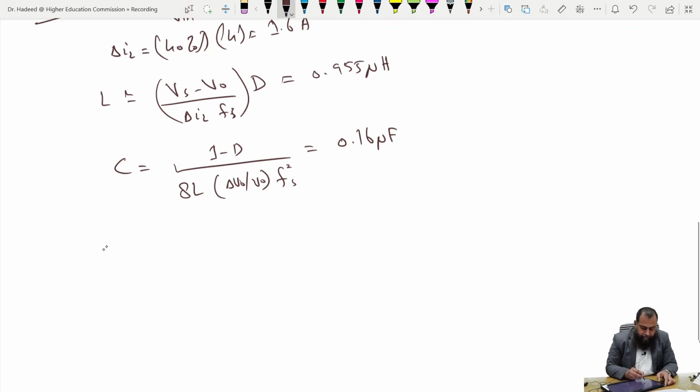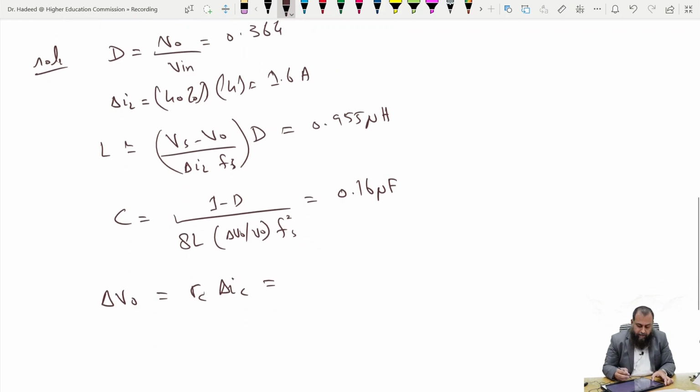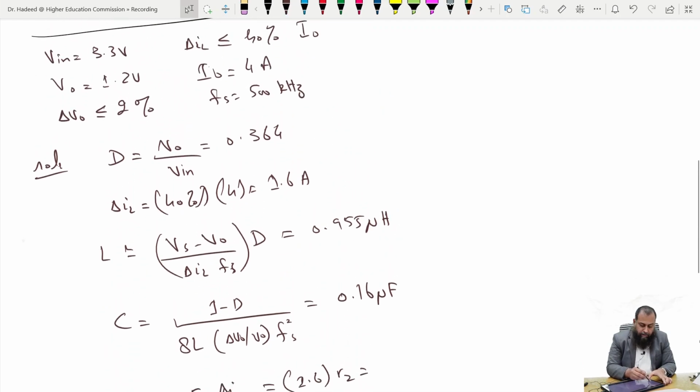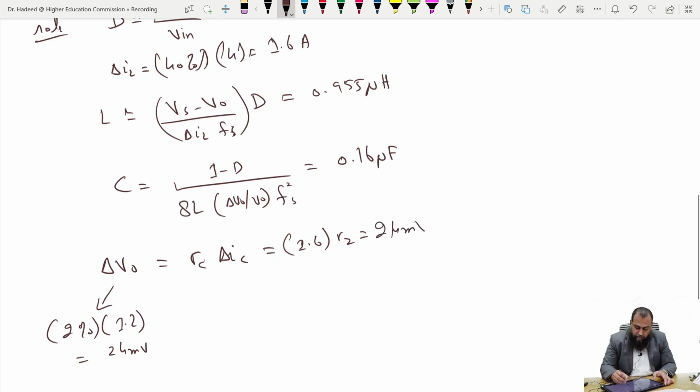So for that, we will write delta V naught equal to RC into delta IC, and delta IC is equal to this delta IL. So that becomes 1.6 into RC equal to delta V naught. We know that the delta V naught is equal to 2% of the output voltage 1.2, and that turns out to be 24 millivolt here.